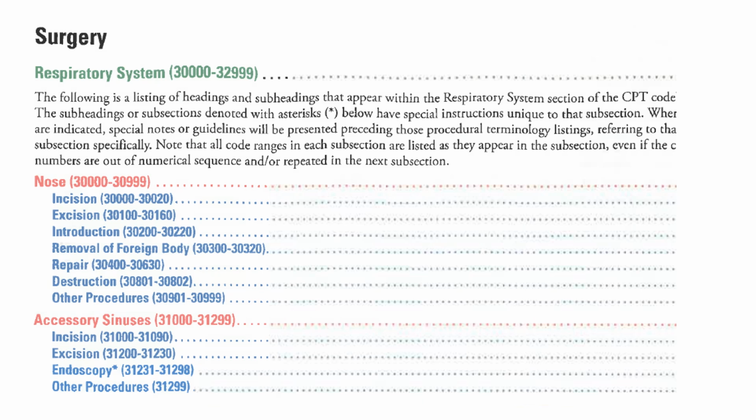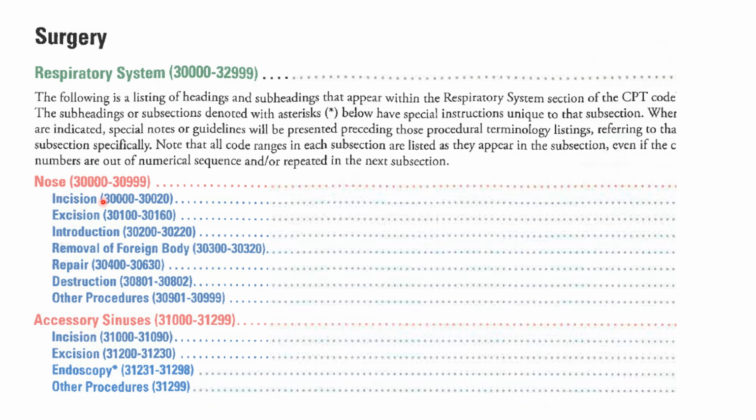Now, this is the 30,000 series, and in that we are going to study the respiratory system, which is 30,000 to 33,000, and then we have the cardiac system also. In the respiratory system, you will see the main organs, and then there are certain subsections which are divided depending upon the treatment we carry out on that.